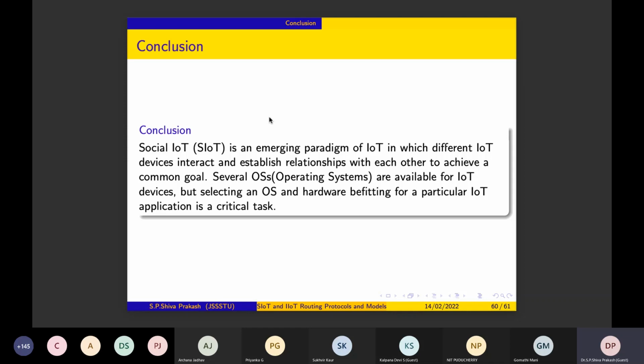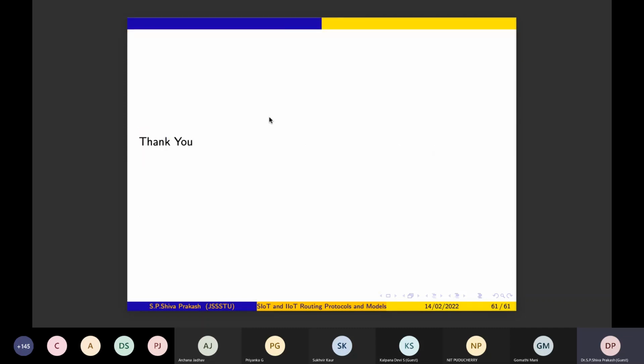There are several OSs available for IoT devices, where we can choose a specific OS and hardware for a particular IoT application in a critical task. The same thing can be developed for industrial based applications and simulated within the same environment by considering social aspects of these devices.